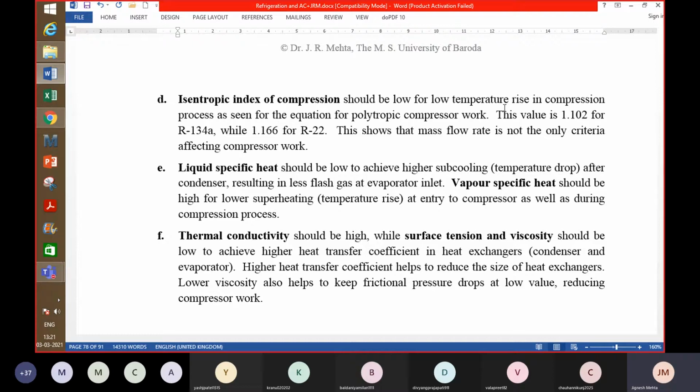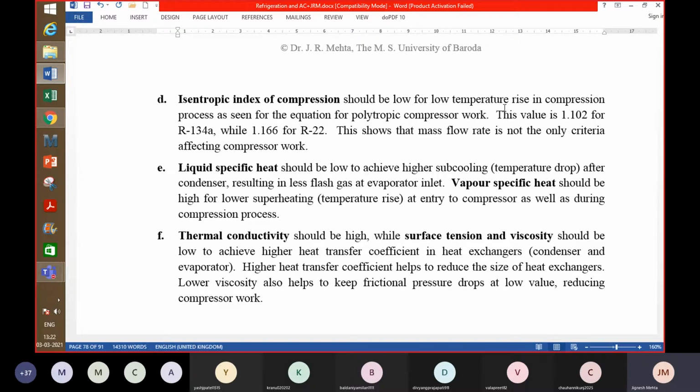I'm not saying the numbers are to be compared, right? But for different refrigerants, the one which has lower liquid specific heat would be preferable. And similarly, the one with high vapor specific heat would be preferred if you are comparing two different refrigerants.